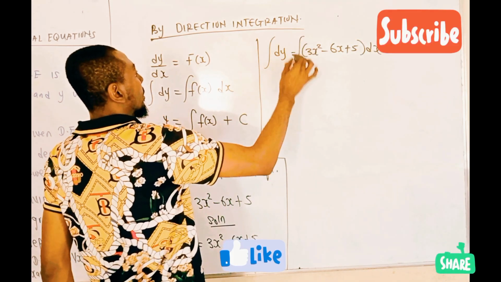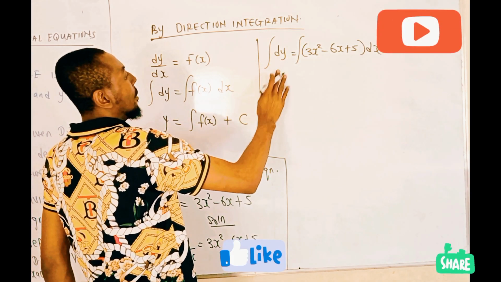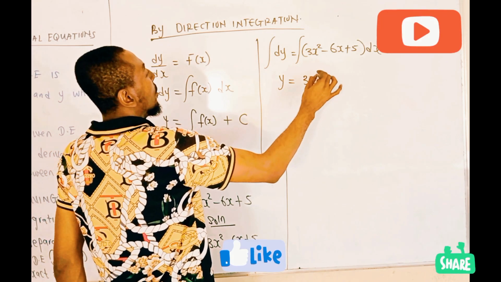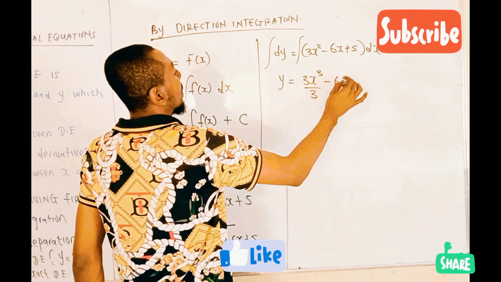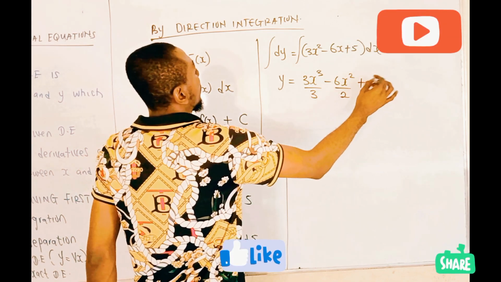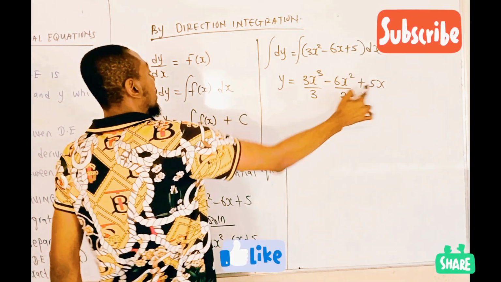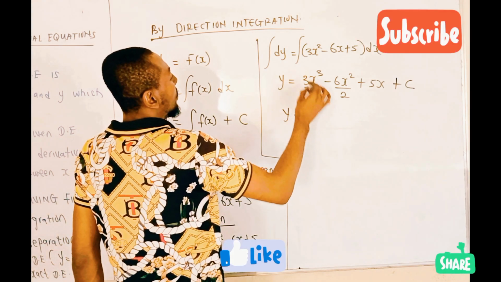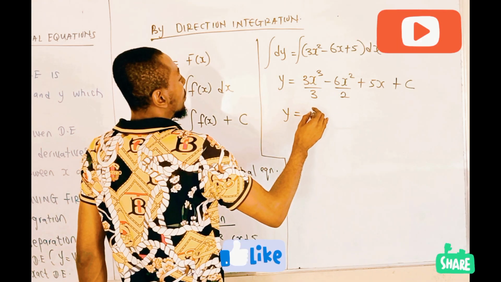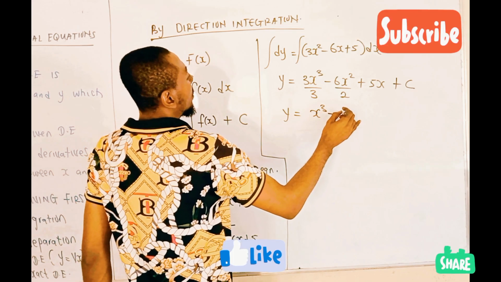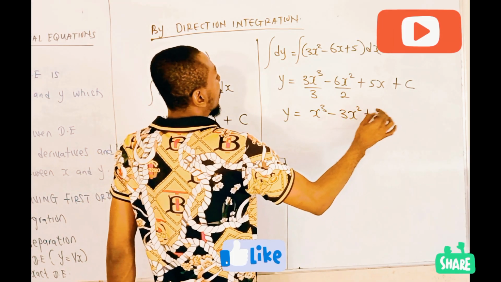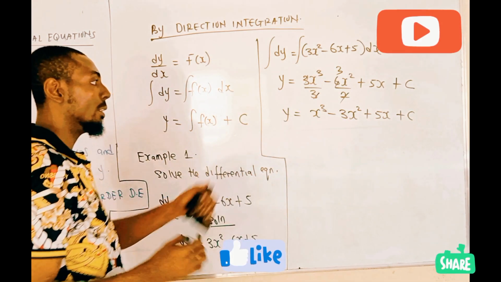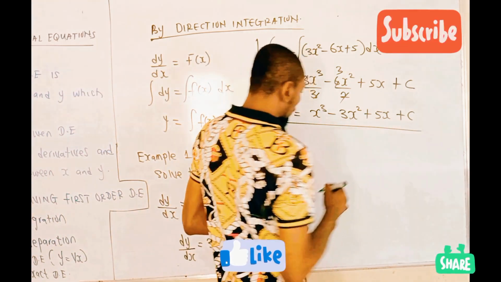Then integrating both sides, as we said, the integral of dy is y, the integral of 3x squared is 3x cubed over 3, minus 6x squared over 2, plus, integrating 5 with respect to x, is 5x, then plus c. And we'll cancel out the coefficients here. We have x cubed minus 3x squared plus 5x plus c. That's 6 divided by 2 is 3, and 3 cancels 3. So we have this.